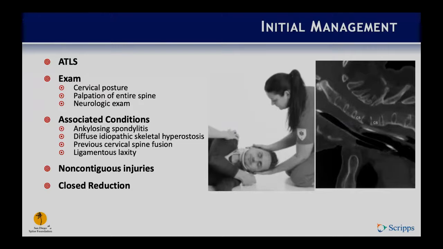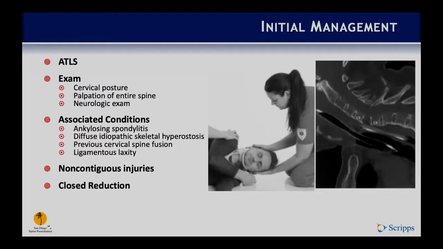When you're initially evaluating the patient, you want to take note of the cervical posture in which they're held. Subtle changes or rotation could give you a clue of potentially something like a unilateral facet dislocation, which is sometimes missed.